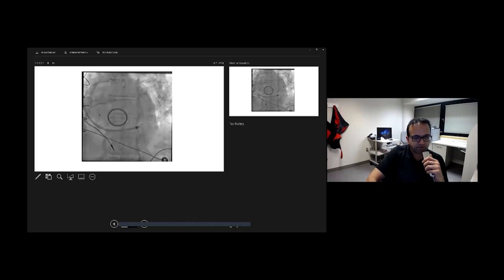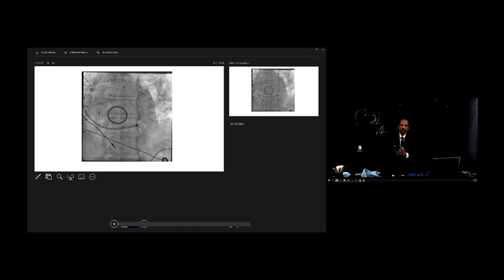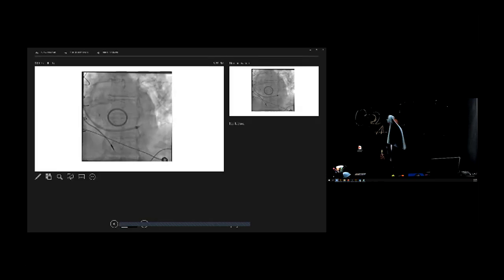So Abhishek, maybe it would be good to say something about definition wise, what do we mean by Thebesian vein? So sometimes we just fall into a vein that's not in the coronary venous system. Yes.